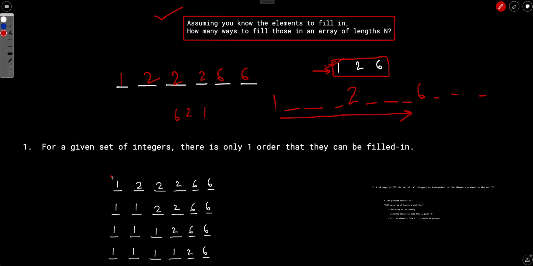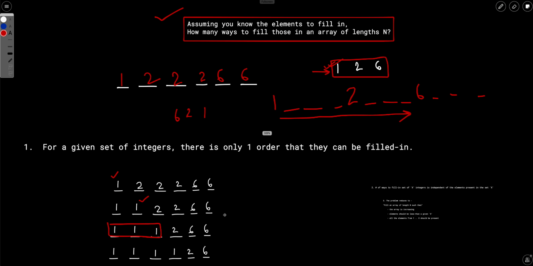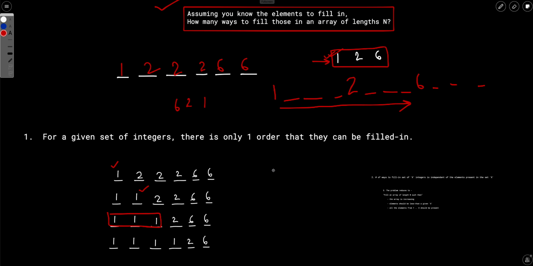We start with putting 1 in only one section, then we put 1 in 2 boxes, then 1 in 3 boxes, and then 1 in 4 boxes. Now if you note here, let's say there are a total of t ways in which 1, 2, 6 can be filled in these 6 boxes.